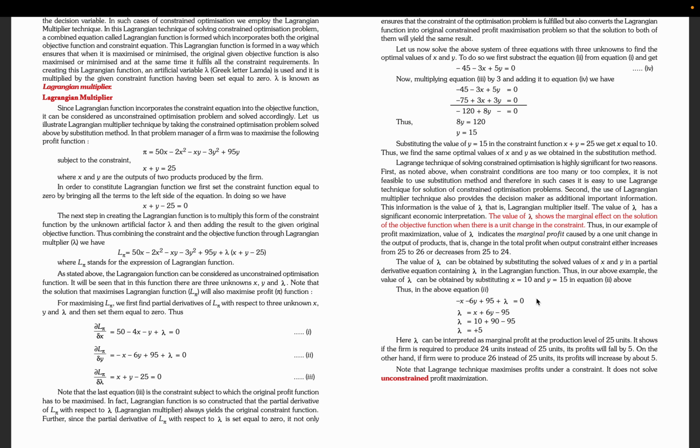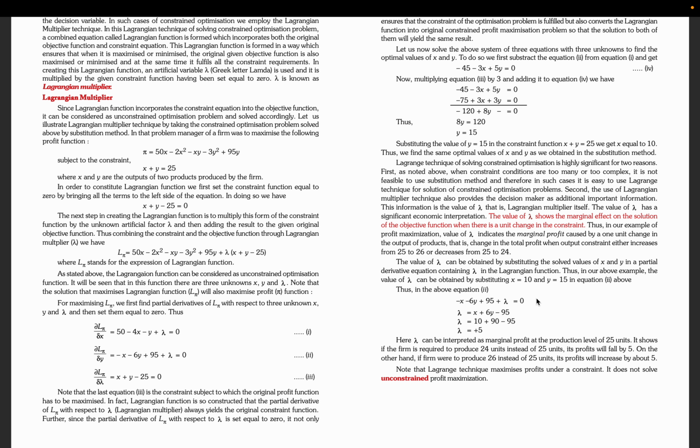It could be converted to an unconstrained optimization problem and then solved very simply. But there are more difficult cases that we come across. We're going to come across budget lines, etc., in which case we might require the Lagrangian multiplier method.